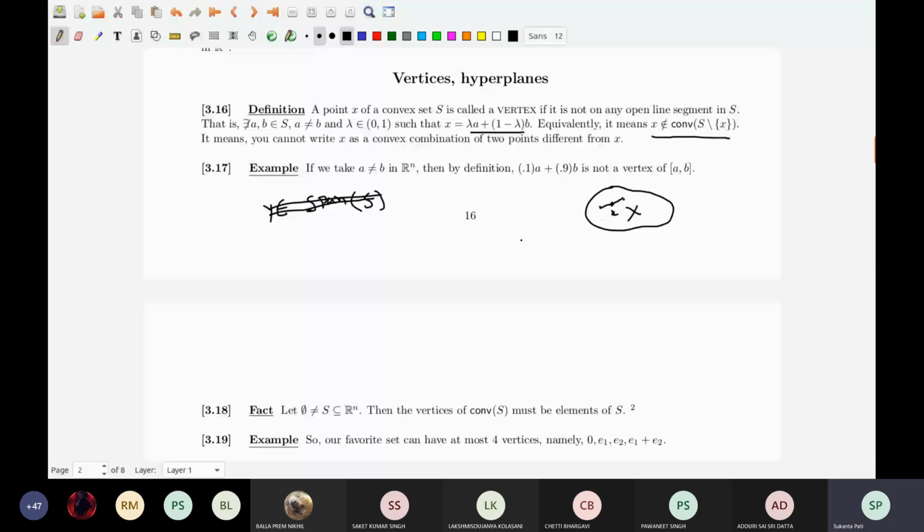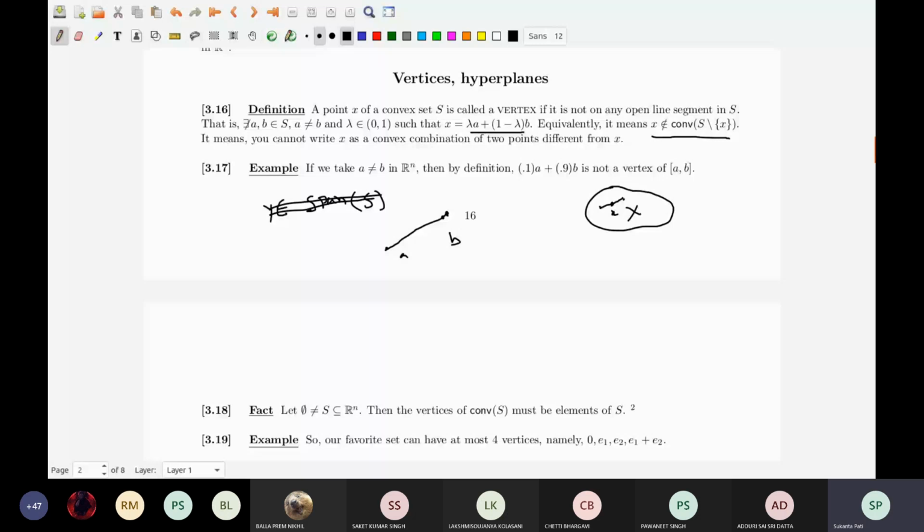It basically means you cannot write X as a convex combination of 2 points different from X. If you are looking at 2 points A and B and the closed line segment, then the combination 0.1 of A and 0.9 of B, somewhere here, is definitely not a vertex, because this point can be written as a convex combination of A and B. Definitely, if not A and B, you can take another point from here and another point from here, and using the section formula you can express this point X as a convex combination. Okay, so that is no problem.